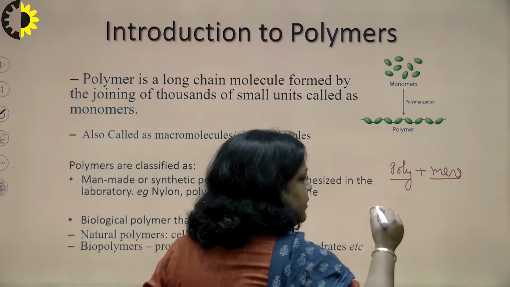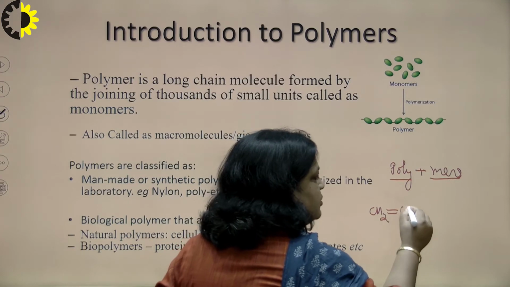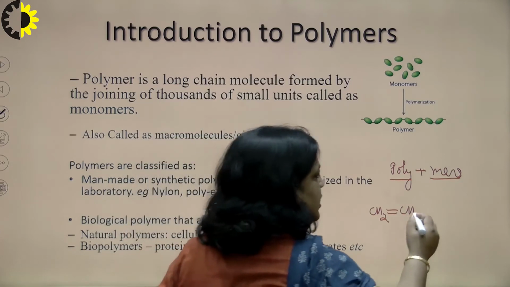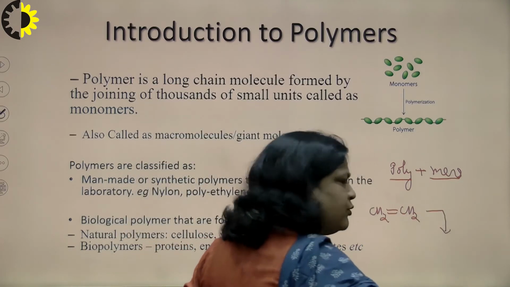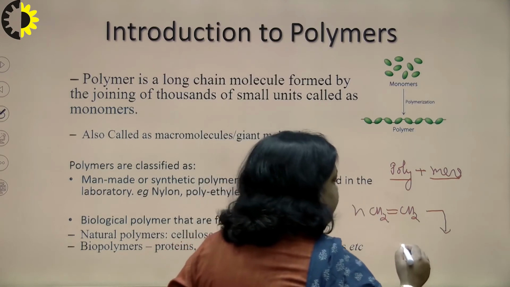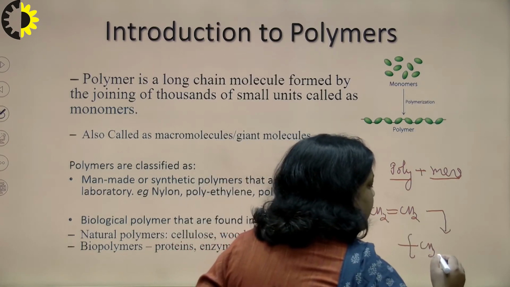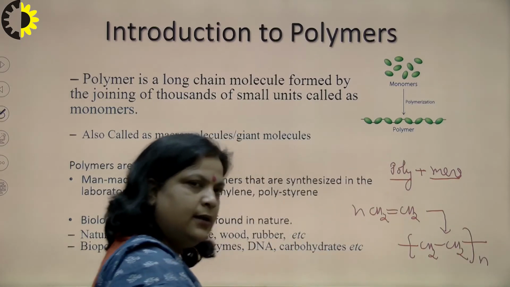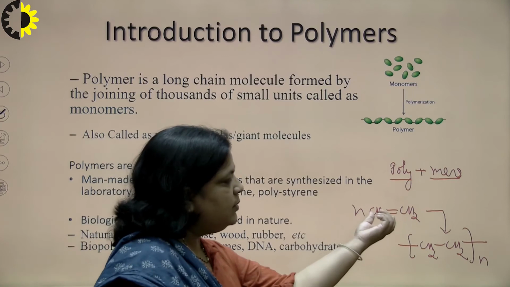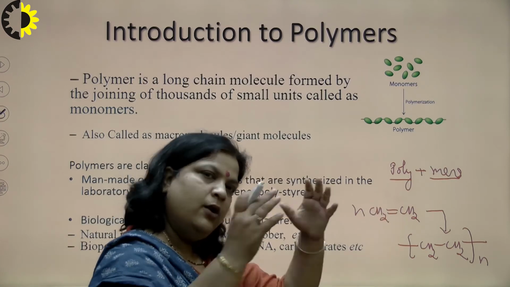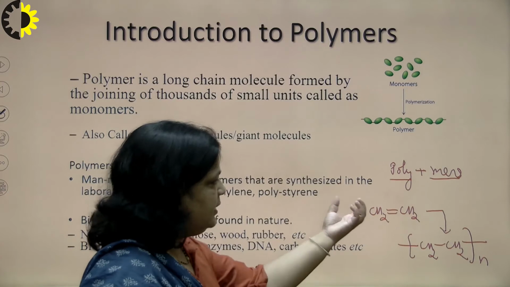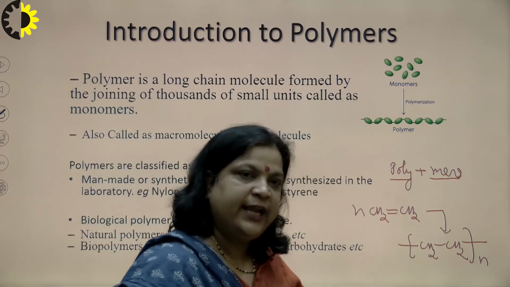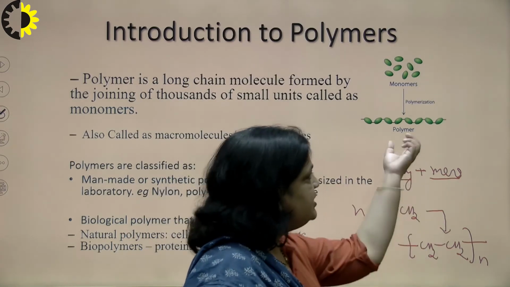If we take ethene, that is CH2=CH2, and combine hundreds or thousands of ethene molecules, say n, then we get a chain in which the double bond becomes single, and so the addition reaction takes place. Here CH2=CH2 is a single molecule, and the hundreds or thousands of ethene molecules are termed monomers. When they are lined up in a chain, it is called polythene, which is a polymer.